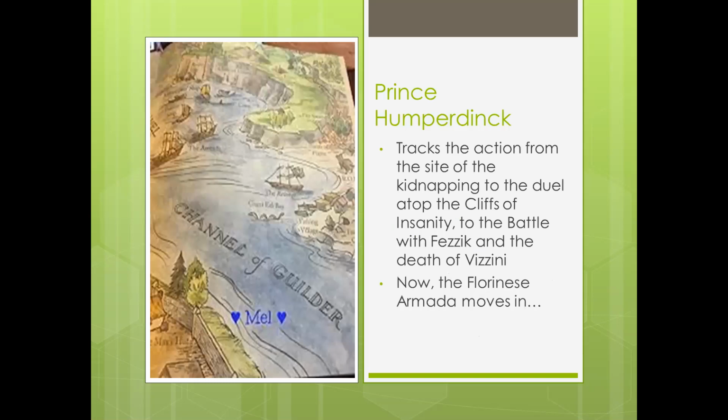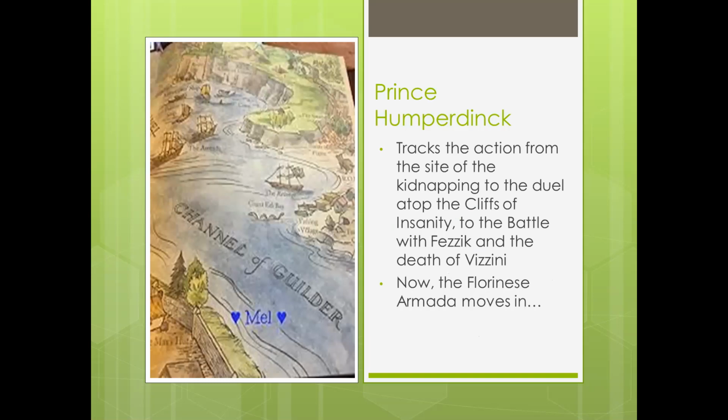In the meantime, we learn, of course, that Prince Humperdinck is not one to just sit idly by. He's tracked the action that we have been reading about so far in Chapter 5, from the site of the kidnapping to the duel atop the Cliffs of Insanity to the battle with Fezzik, and he even discovers the body of Vizzini.